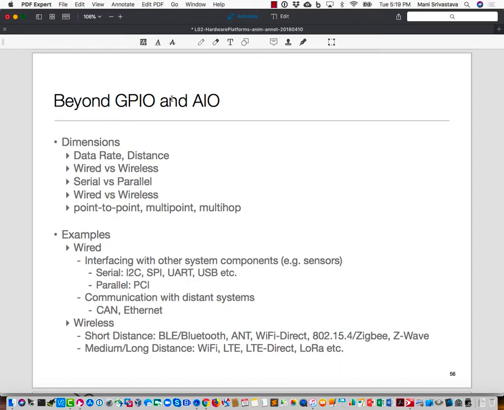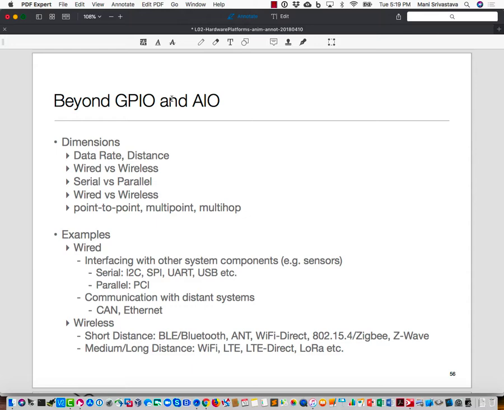And likewise, there might be hardware to do the speed encoding that I mentioned, that you just tell it and it will give you the number and take care of all the timing details. But when we generally look at the kind of things that you'll find, there are various dimensions in which these different standards, or different ways of communicating, end up differing.